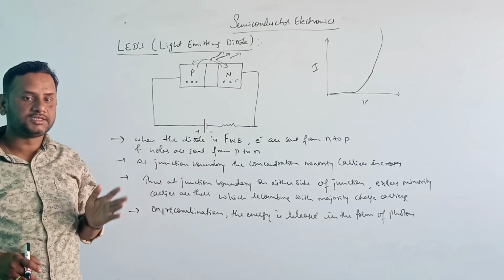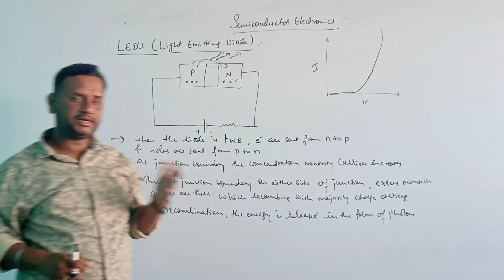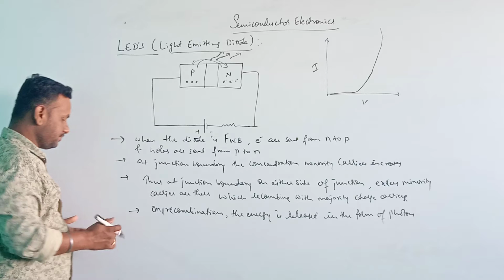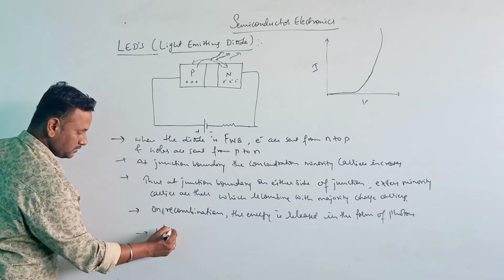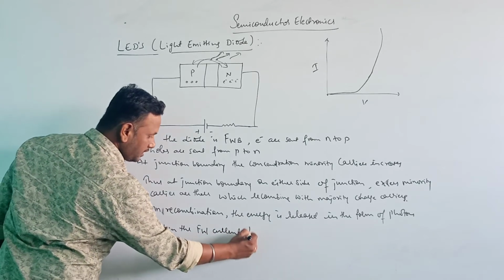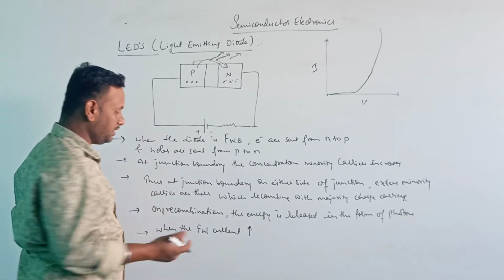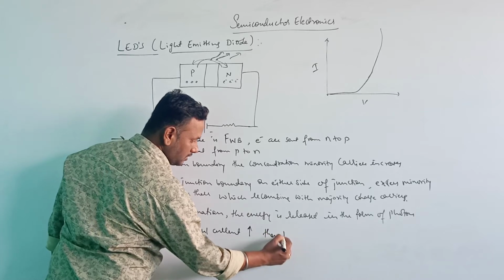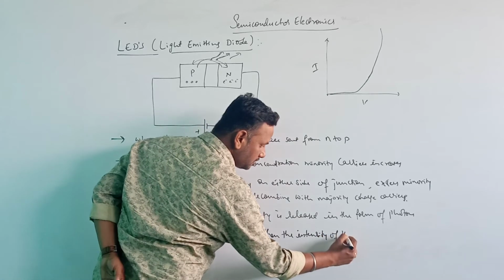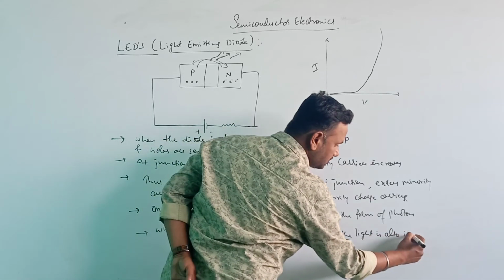So photons are the energy packets. These photons are emitted in the form of light. Light contains photons only. So here, when the forward current is increased, then the intensity of the light is also increased.